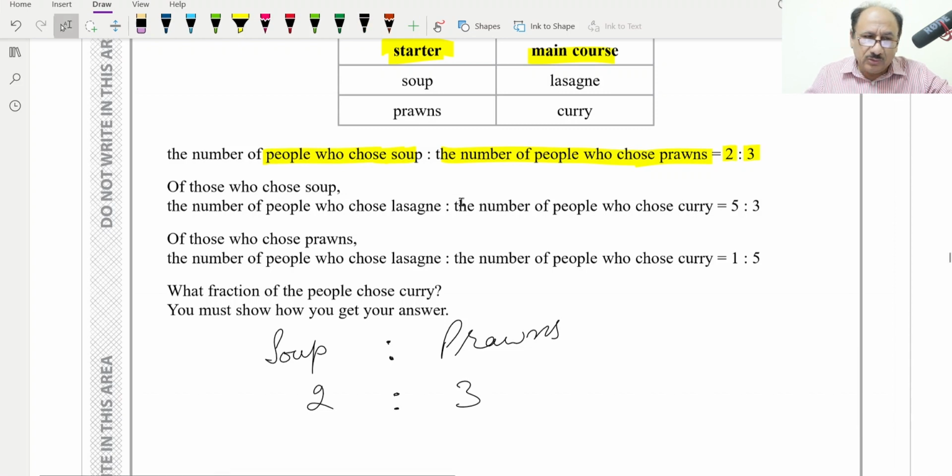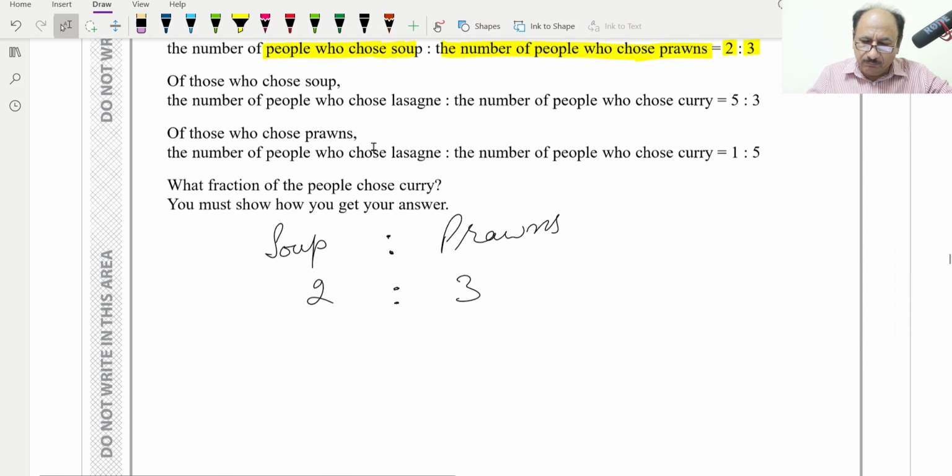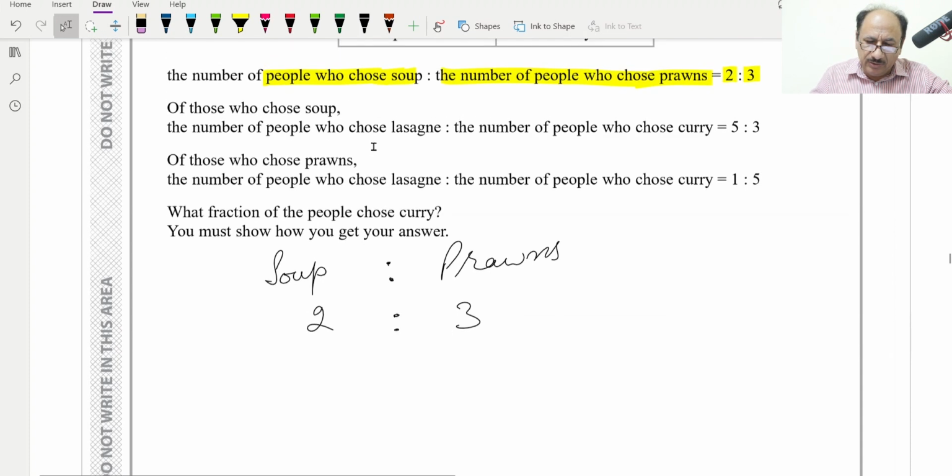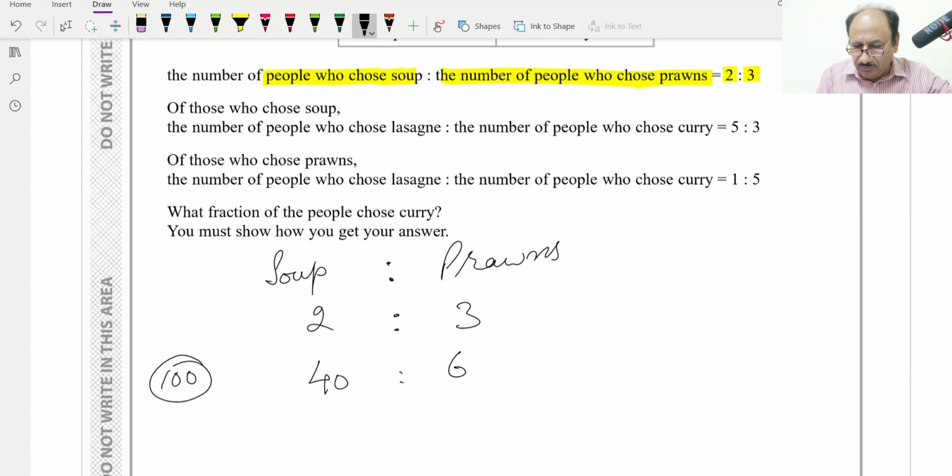2:3. So for example, if there are 100 people, out of 100 people, how many will be opting for soup? 40 will be soup and 60 will be opting for prawns.